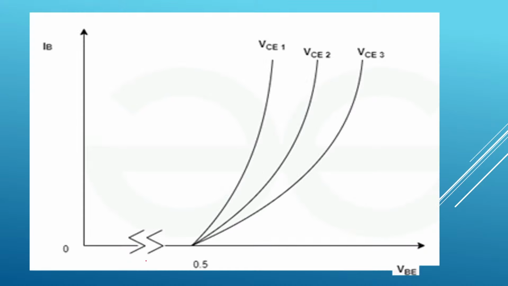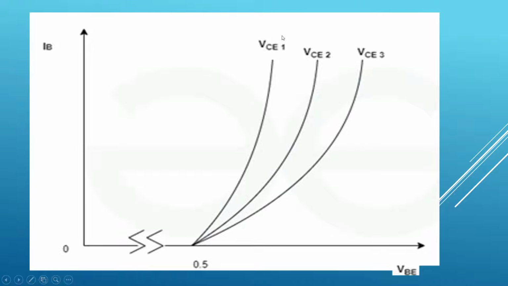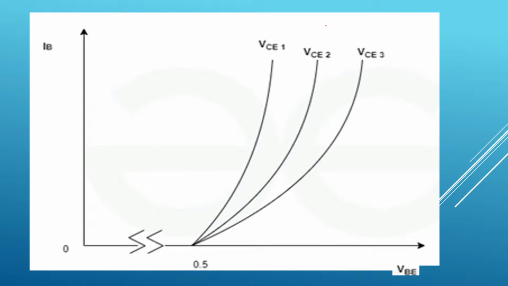So these are the input characteristics. What did I assume? I have assumed some constant value for VCE. Here in this diagram, I am showing you three different constant values.